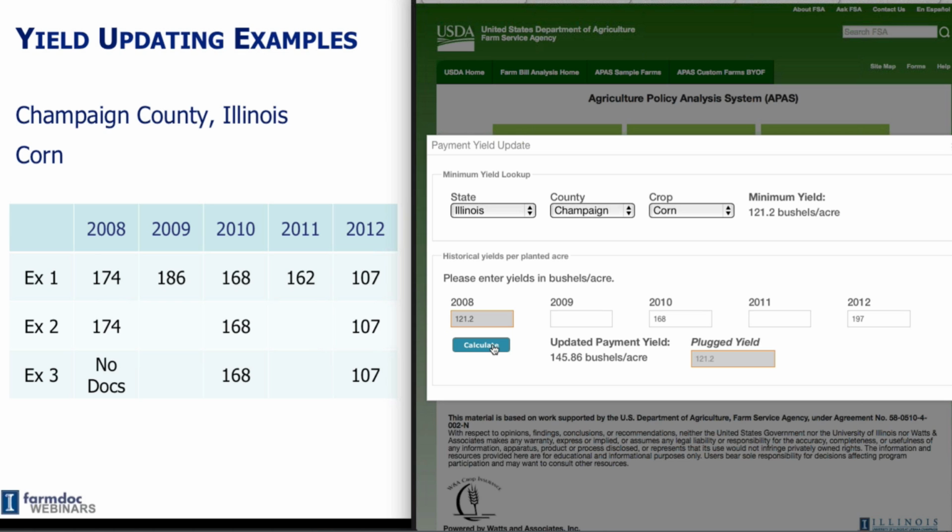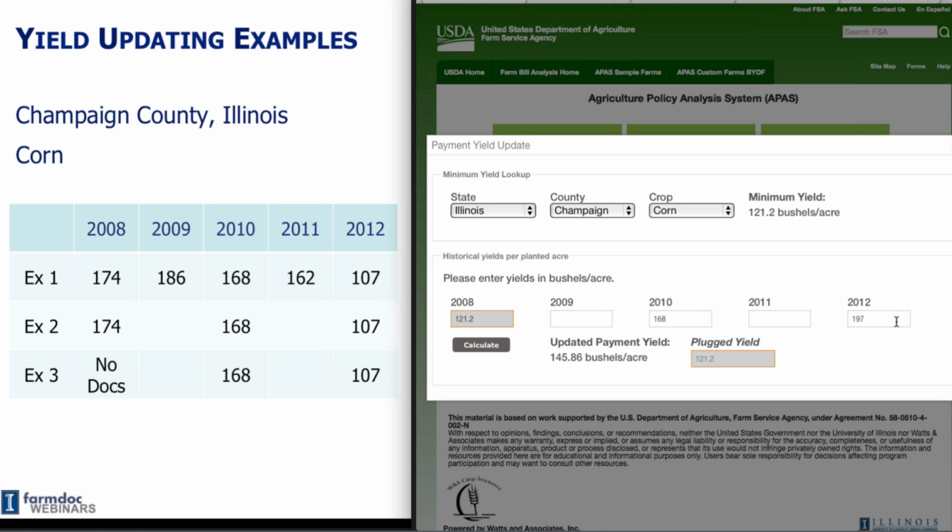So no documentation. If you can't provide it, plug yields will be used, and that obviously doesn't help the average, because this minimum yield here, this 121.2 for the Illinois Champaign County case, is 75% of the county average. So that helps for years like 2012, but doesn't help in years in which we don't have the yield.